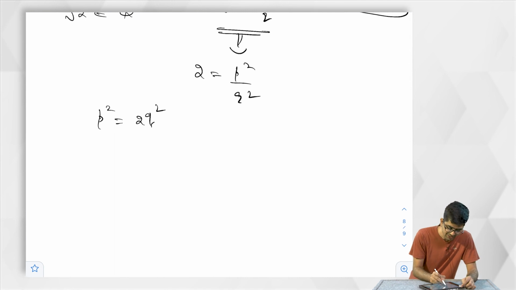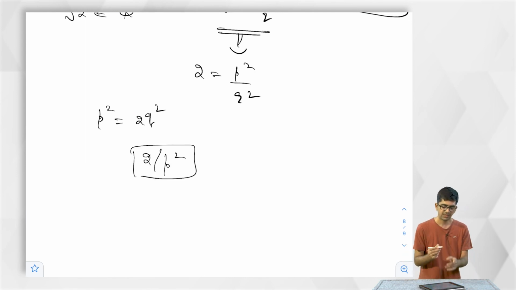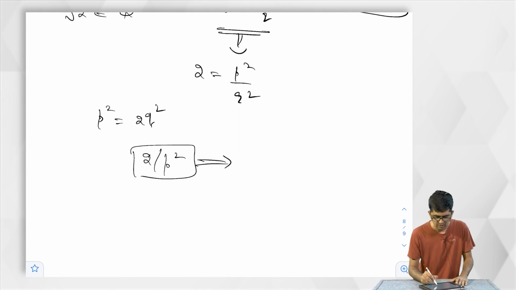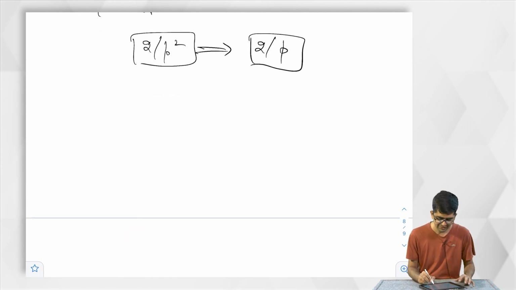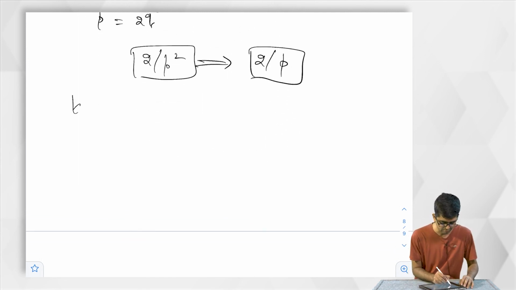2 divides the right hand side, so it should divide the left hand side also. So 2 divides P square. Because 2 is a prime number, this implies that 2 divides P. So what does this mean?